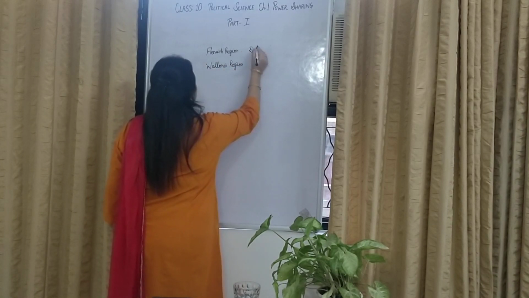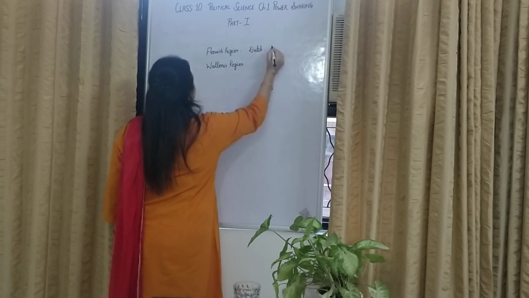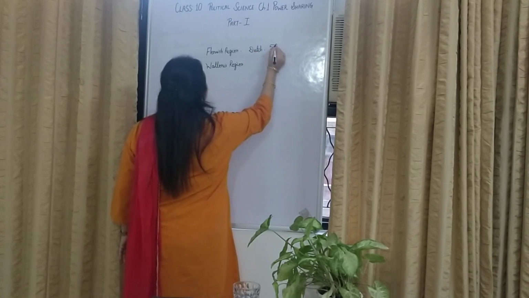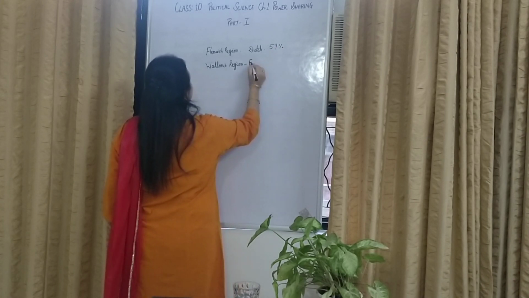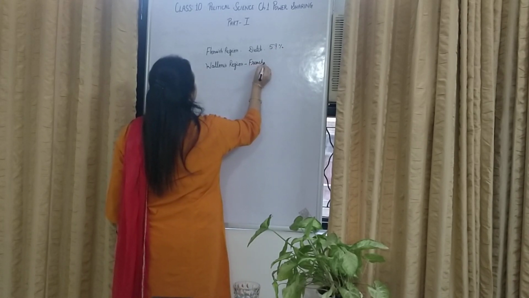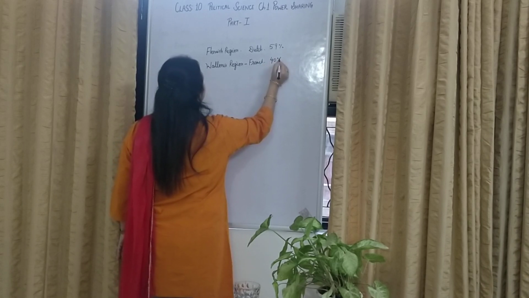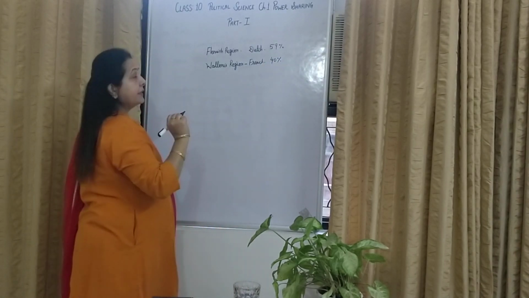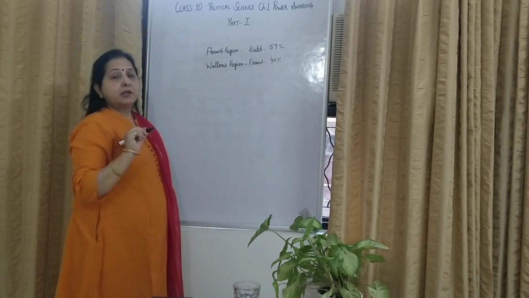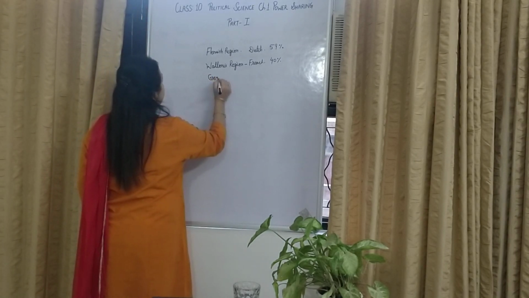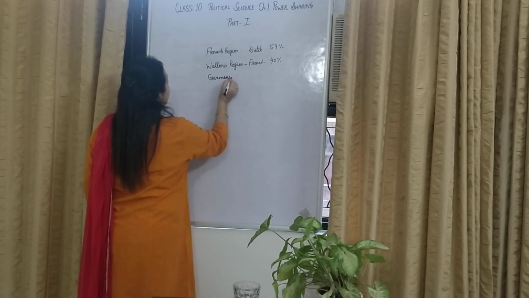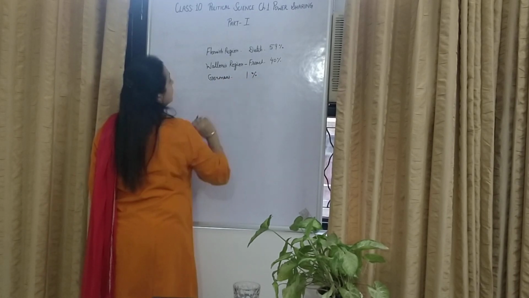In the Flemish region, Dutch speaking people are 59 percent. In the Wallonia region, French speaking people are 40 percent. In the east part of Belgium, there are German speaking people, only 1 percent.